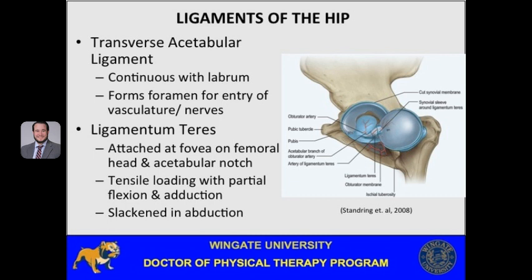And underneath there, we're going to have the entry of vascular structures, nerve structures. So our ligamentum teres again here, basically this is thought to be most tensile position of flexion and adduction, so slight flexion and adduction, and slackened in abduction, that's abduction.